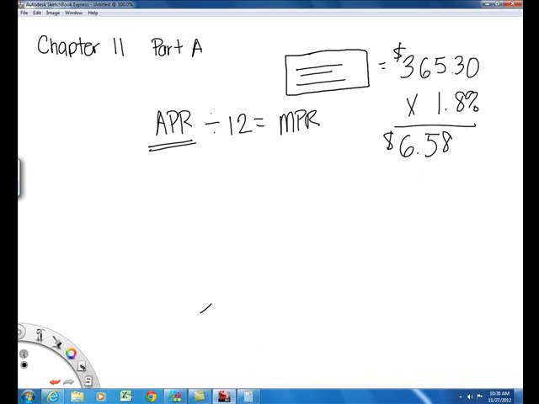Now I'm going to go on and do Part B. In Part B, it says determine the finance charge and the new balance. The finance charge is based on the previous balance before the payments or credits are subtracted.